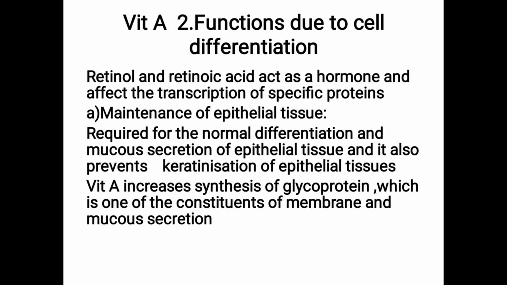Retinol and retinoic acid act as hormones and affect transcription, that is, the RNA synthesis of specific genes. There are three functions. The first is maintenance of epithelial tissue. It is required for normal differentiation and mucus secretion of epithelial tissue, and it also prevents keratinization of epithelial tissue.